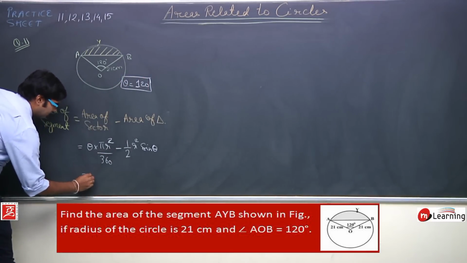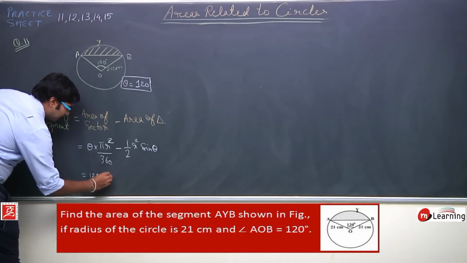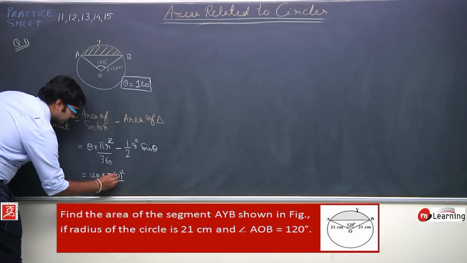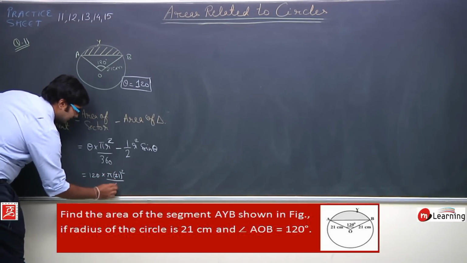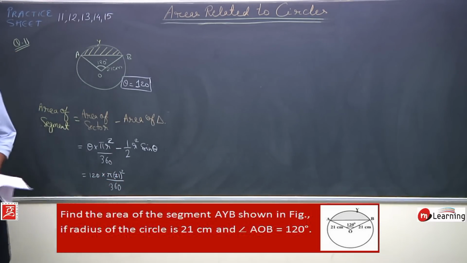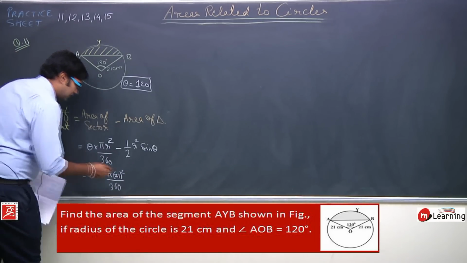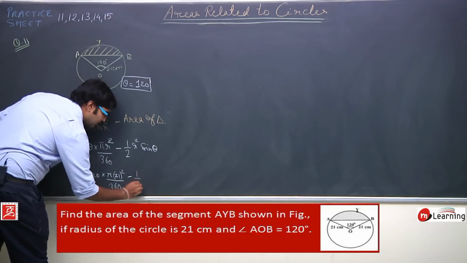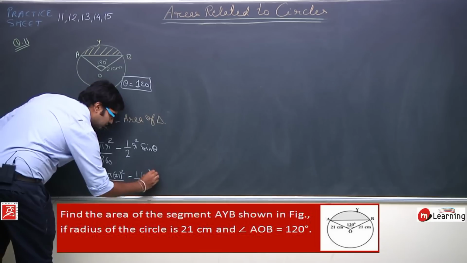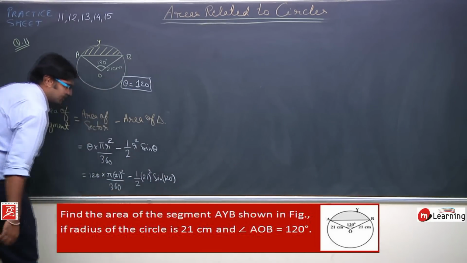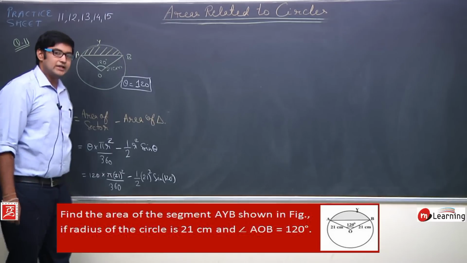So, here I will have 120 into pi into 21 square upon 360. Now, solving this, value and then minus half of 21 square into sine of 120 degrees.